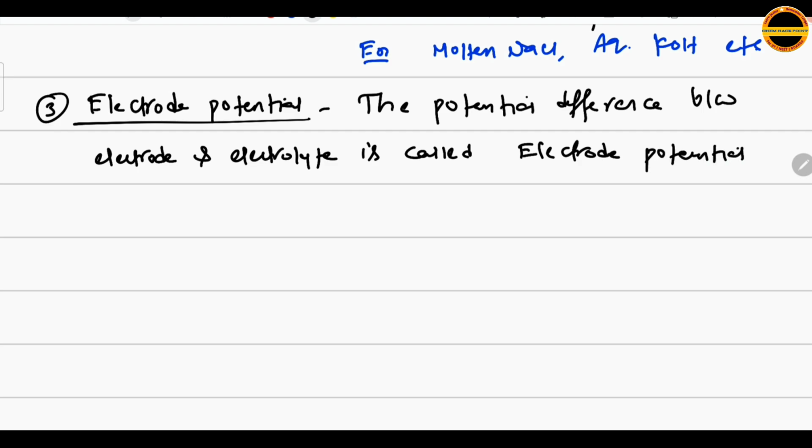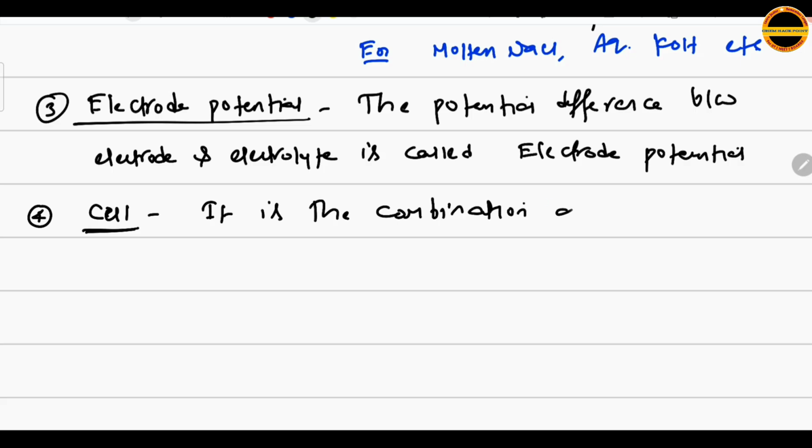Simple definition, electrode potential. Then moving to the next term, that is cell. What is a cell?